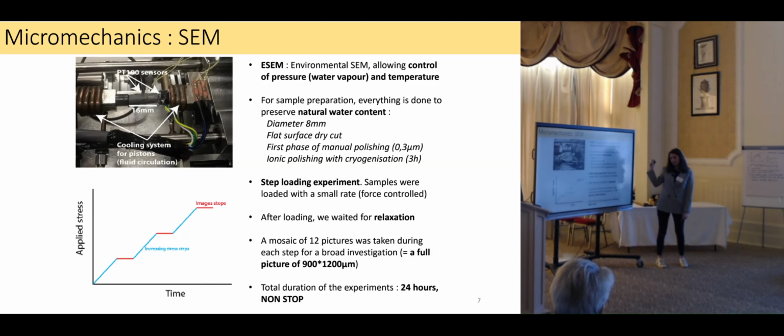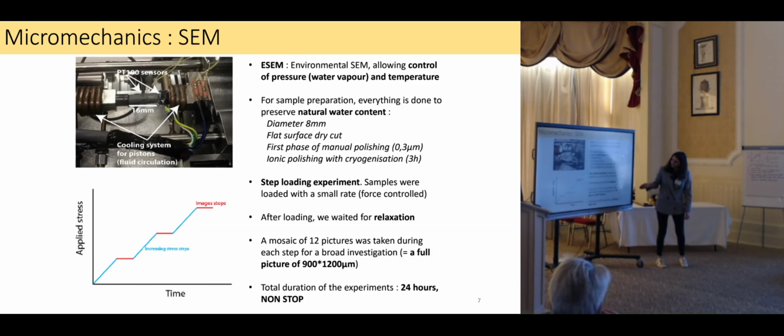Then we load it slowly, because it's an environmental SEM and it takes forever to take pictures. We load step by step, wait for everything to relax so nothing is moving, and meanwhile take the pictures.